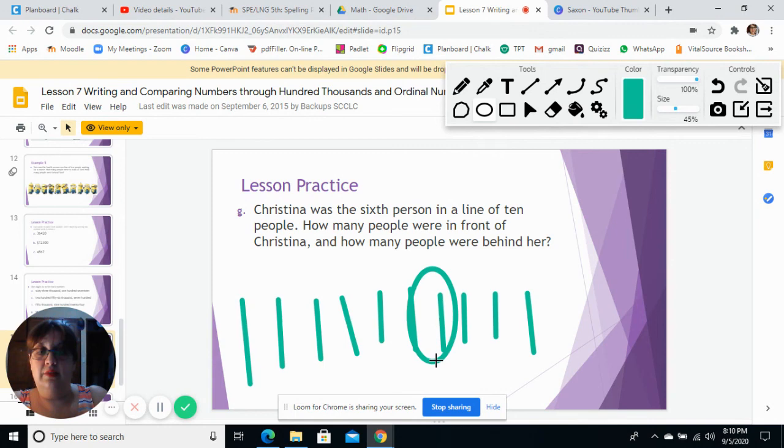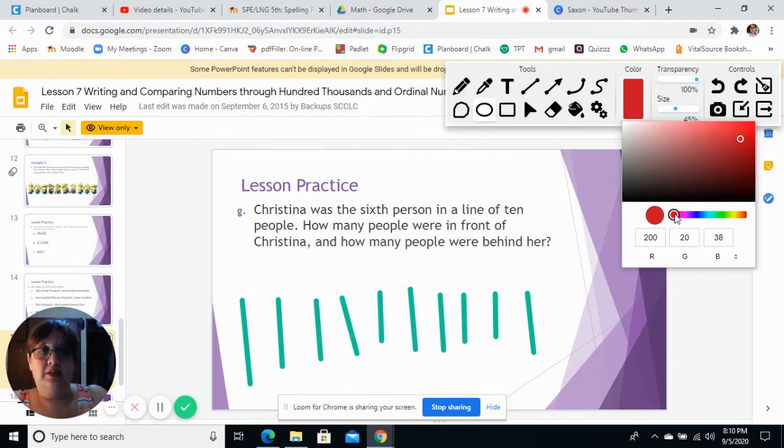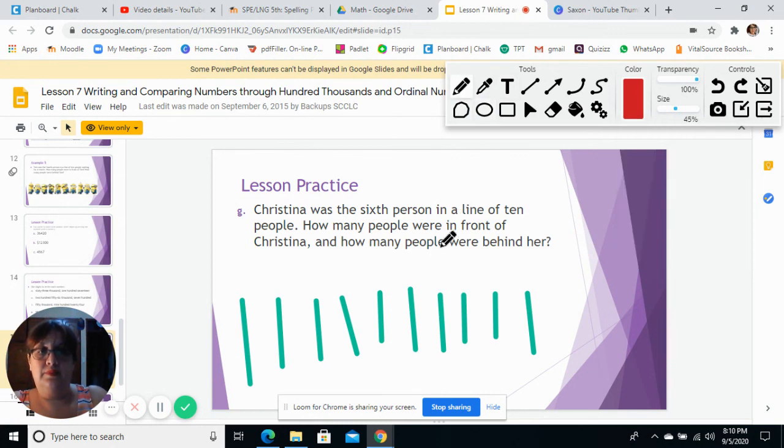Well, that doesn't work very well. Let's undo that. Let's just put a colored dot above her. That'll be easier. All right, we're going to put a colored dot above Christina. There she is.